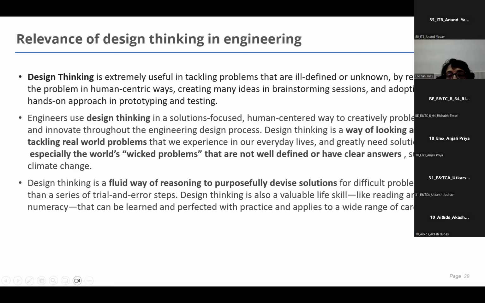Do you think design thinking is something that an engineer should also know, or is their work only the technical solutions, with no reference to how the product may look, or how things should move, or basically the process? Yes, anyone, if you could write in chat.